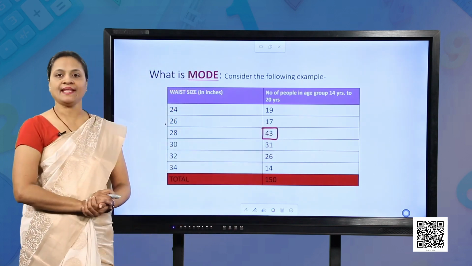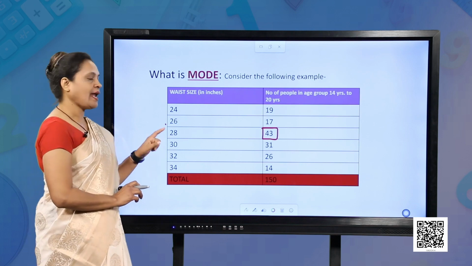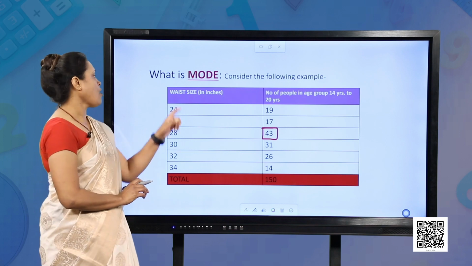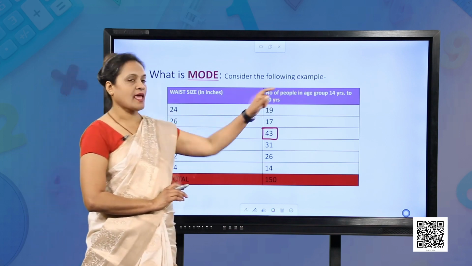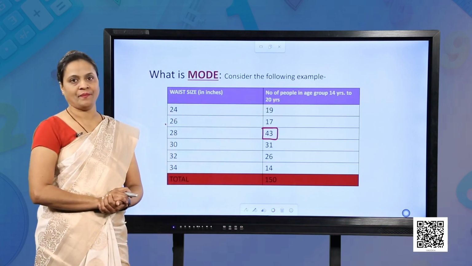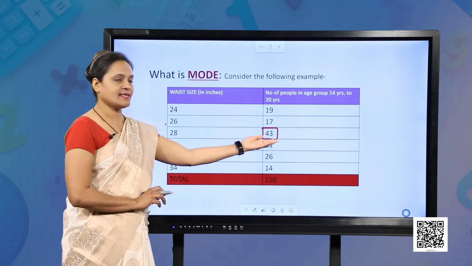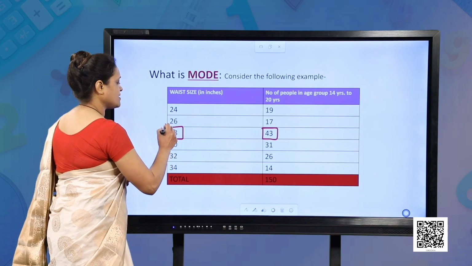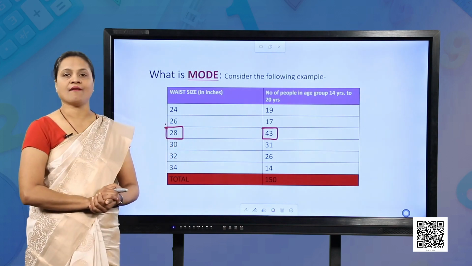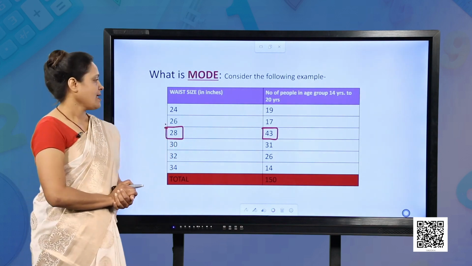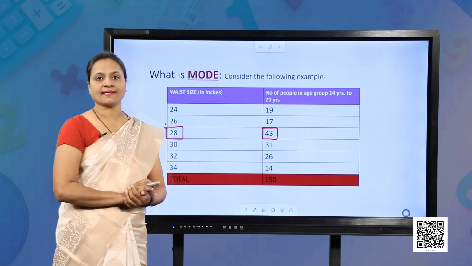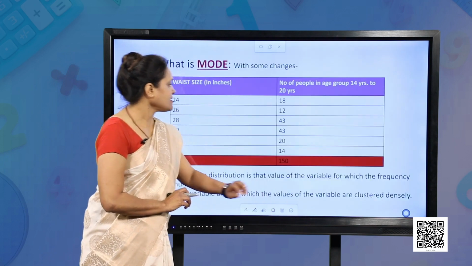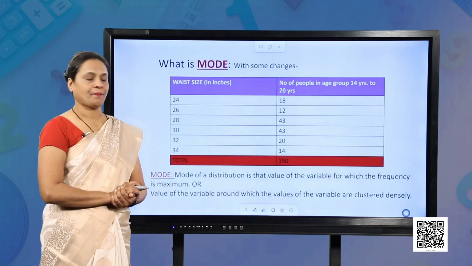So, the company decided that 28 inches is the most prevalent waist size for this age group. This is actually the mode. 28 inches turns out to be our mode because it has maximum frequency. Let me change these frequencies a bit.